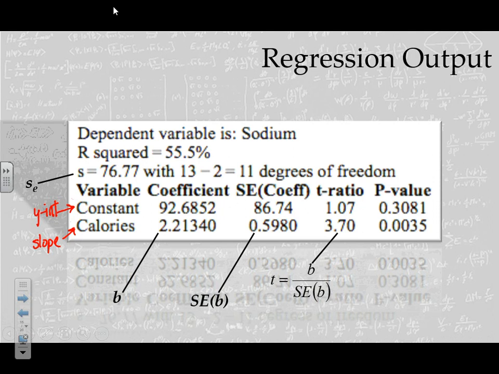If you actually took b divided by SE of b, so if you actually use the formula for t, that's the value you would get. So they usually calculate that t-value for you. And then if we took this t-value and plugged it into our calculator in tcdf, we would receive our p-value for the given information.